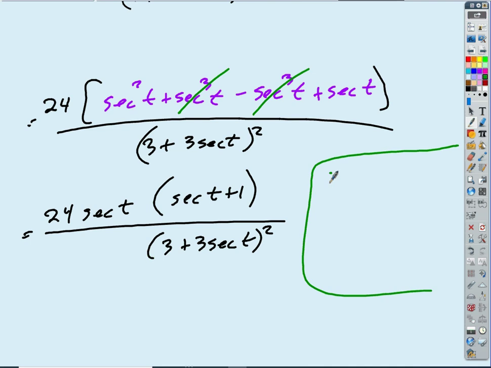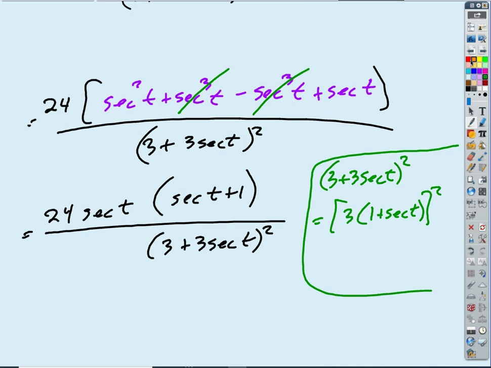If I want to simplify 3 plus 3 secant t squared, that's really equal to 3 times the quantity 1 plus secant t all squared, right? Inside the squared, I factored a 3 out. But we have a property.